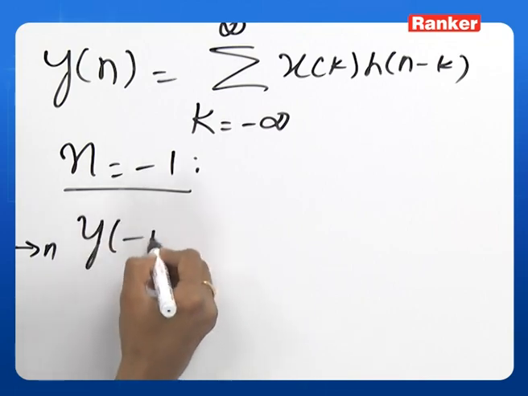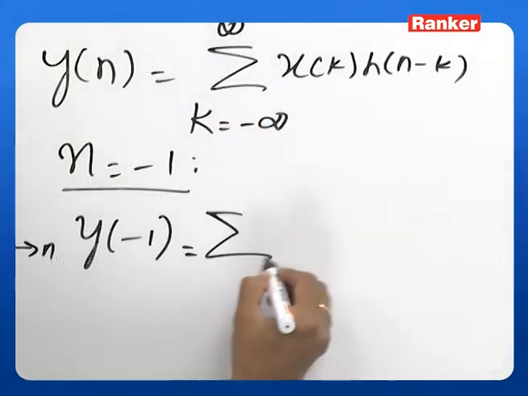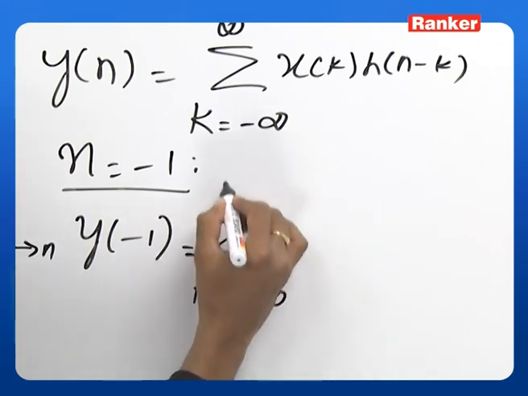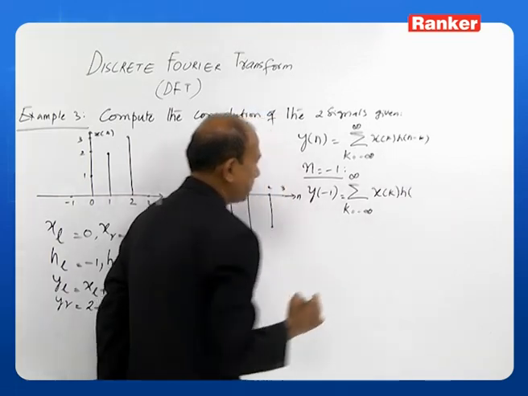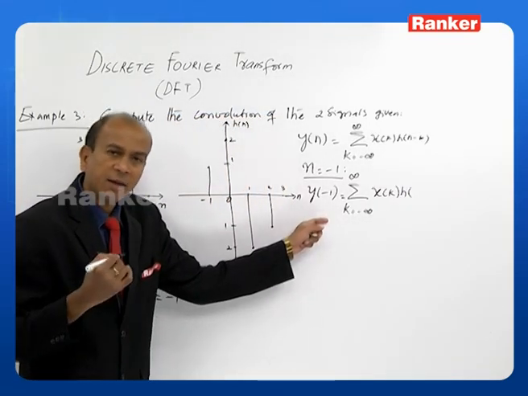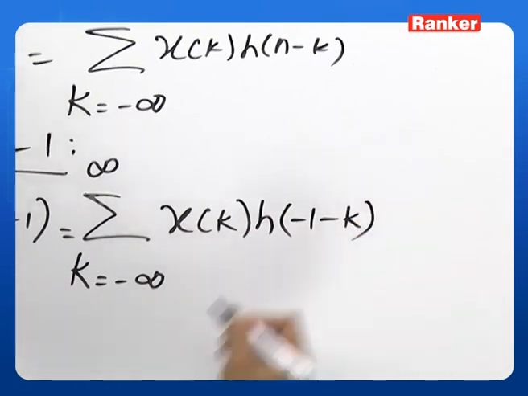So, y of minus 1 is equal to summation k equals minus infinity to plus infinity x of k h of minus 1 minus k. So, this is minus 1, this is minus k.